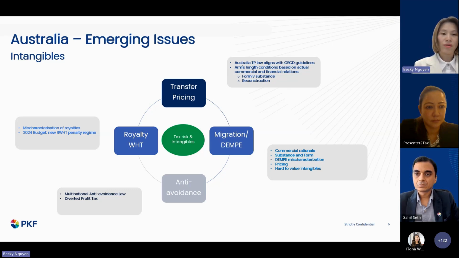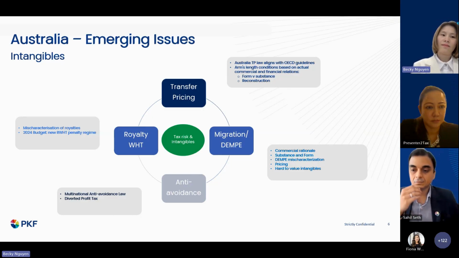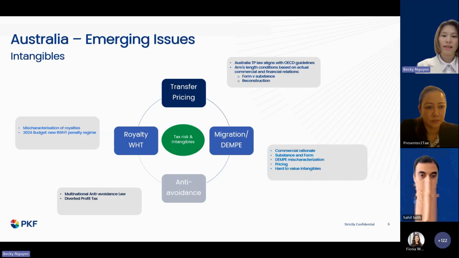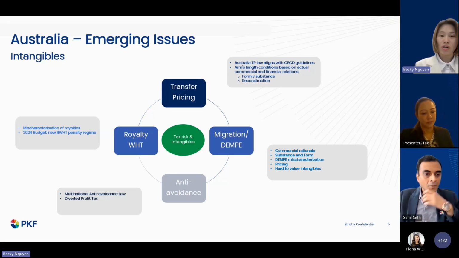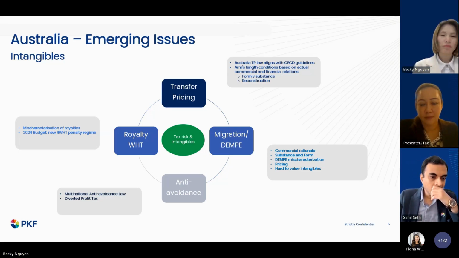And the common transfer pricing methodologies that can be used to evaluate intangible transactions may include the CUP, comparable uncontrolled price method, profit split method, or cost sharing arrangement.